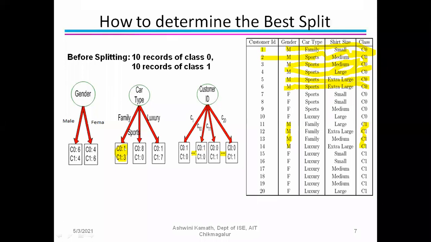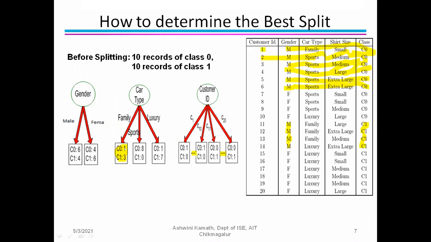Understood? So we have gender, we have car type, and we have customer ID. For these 3, we have written. Again, for shirt size also you can write. We have 4 values: small, medium, large, and extra large. How to split these 4 values depending on the classes, you can write that also.